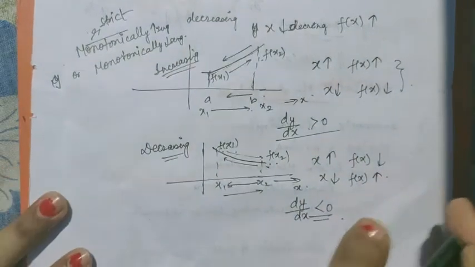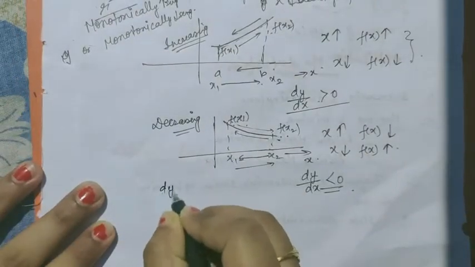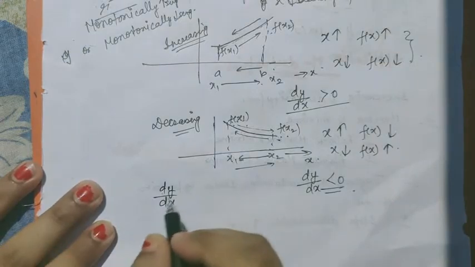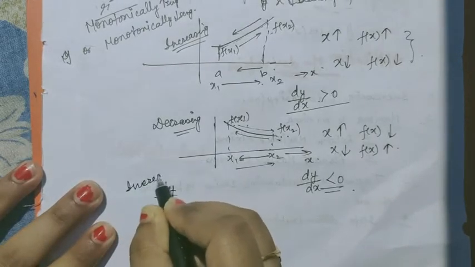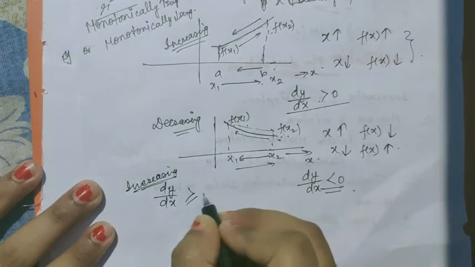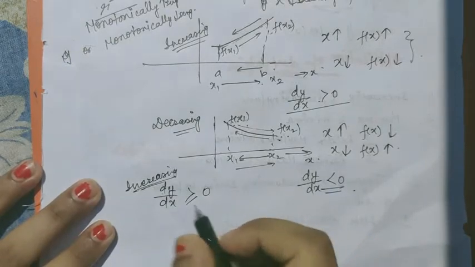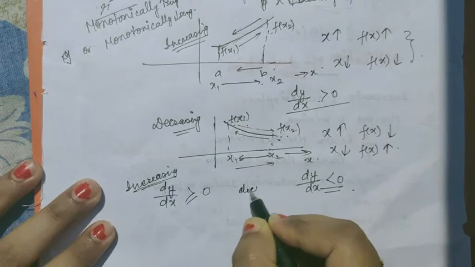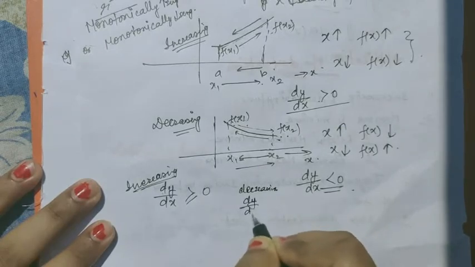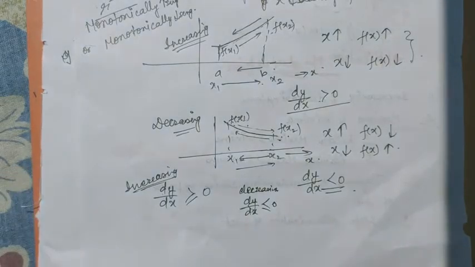In the increasing case, if we take only increasing, then dy by dx will be greater than or equal to 0, and in case of decreasing, dy by dx will be less than or equal to 0.